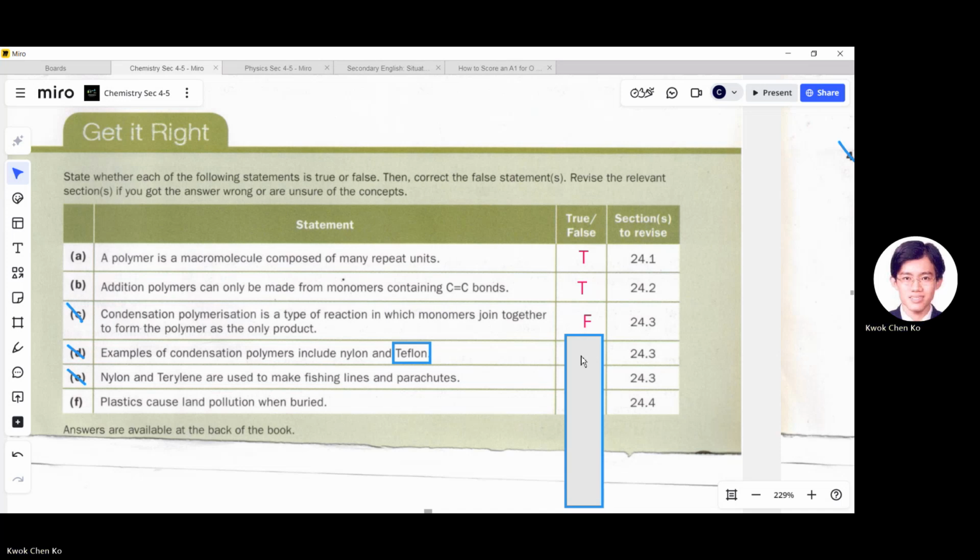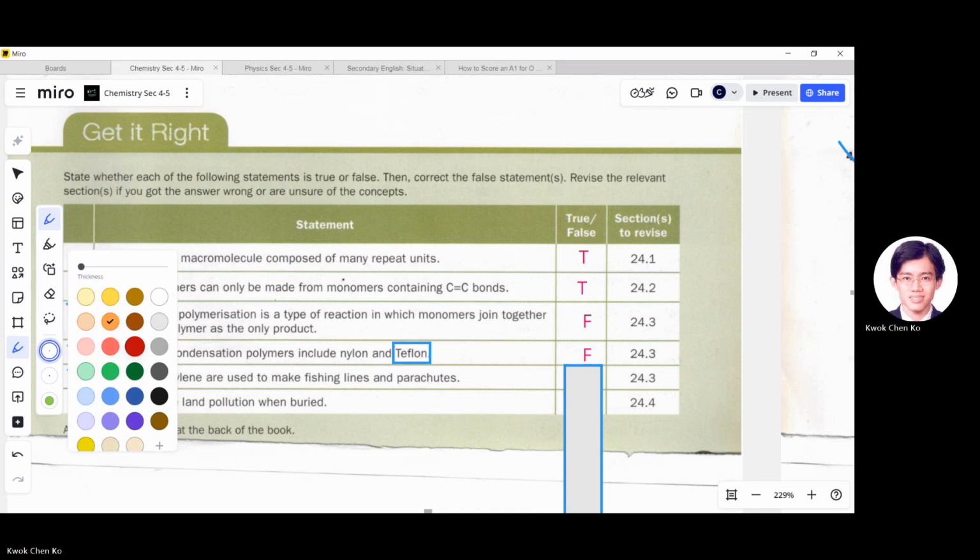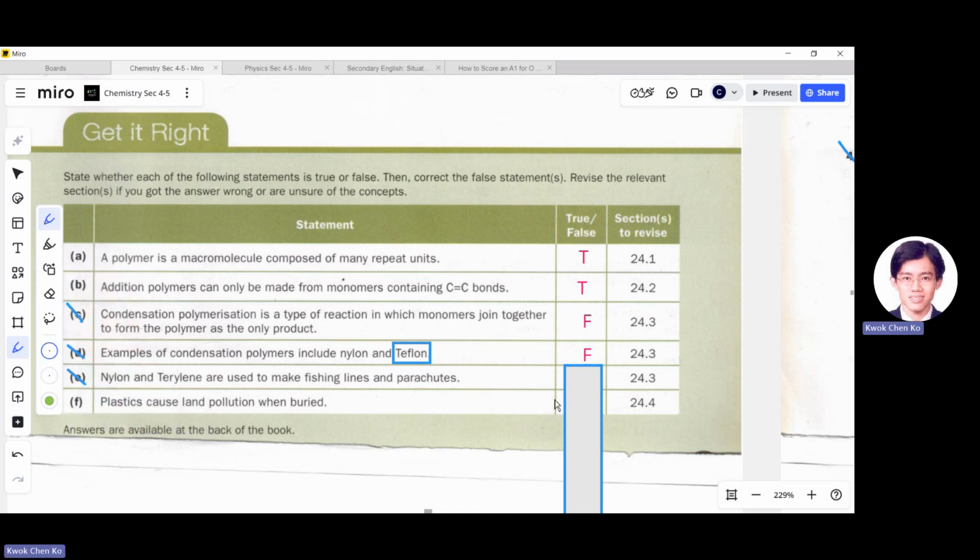Arena. Okay, this one I didn't really mention. Nowadays, can you just add into your list? Teflon is an addition polymer.